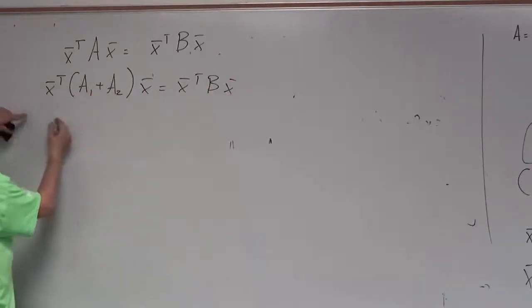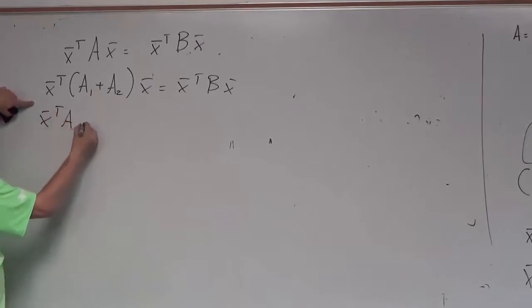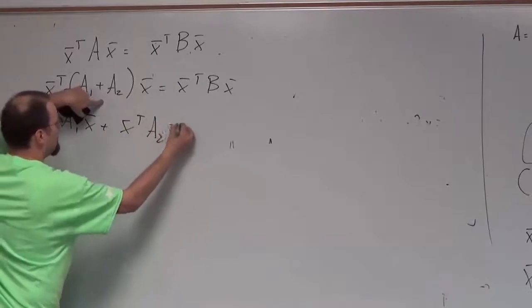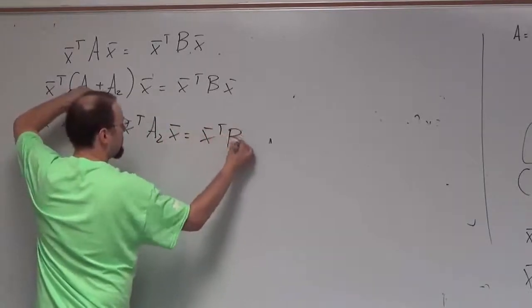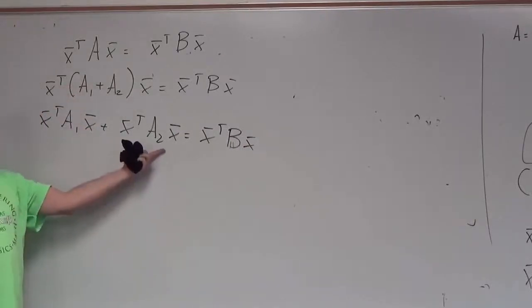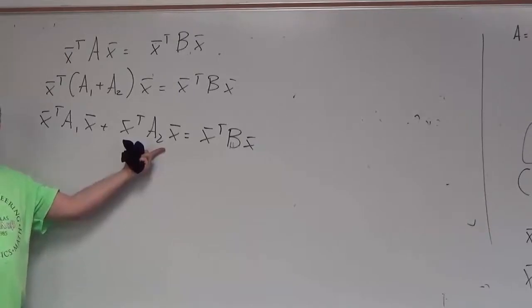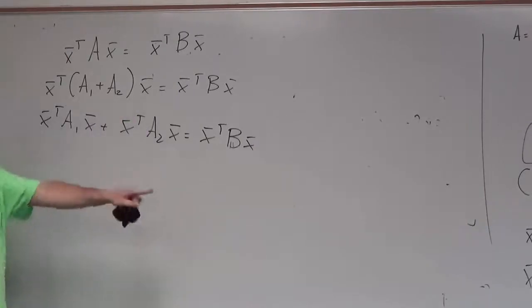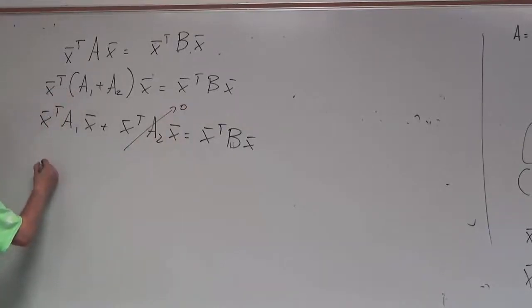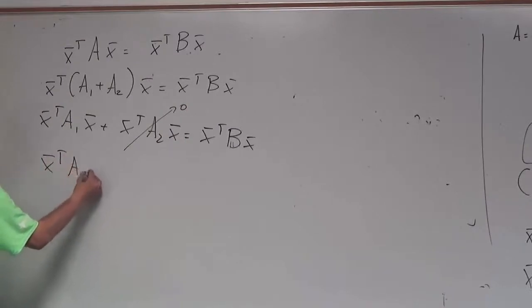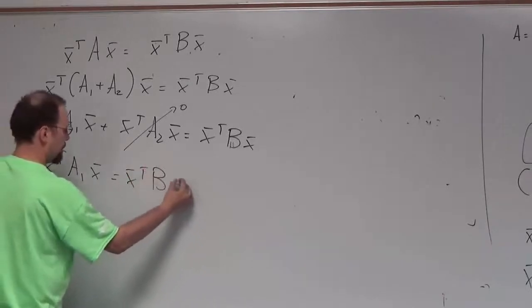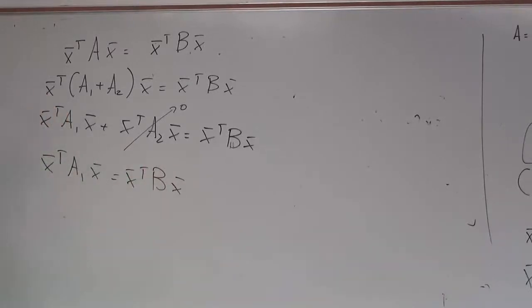Now we can distribute and we get X transpose A1 X plus X transpose A2 X. And what do we know about this? A2 is a skew symmetric matrix, so the quadratic form you get by using it is 0. It just goes away, as we proved a second ago. And so now you're left with our answer. So remember, A1 is the symmetric matrix, so B would be A1.